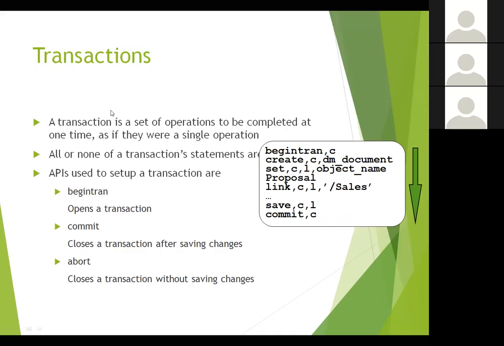Intran is like opening a transaction, like a start or create a transaction. The name is different, like begin or create transaction. Next, commit closes this transaction after saving changes.